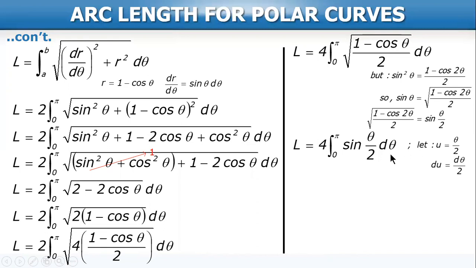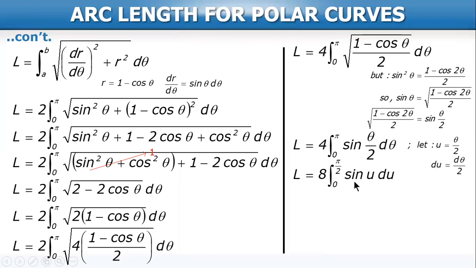Now, if you want to use u, then we're going to change the limits from theta to u. When theta is 0, 0 over 2, u is equal to 0. But if theta is pi, then u is equal to pi over 2. The result is this. The limits are 0 to pi over 2, and then sine of u, d theta is 2 du. 2 is multiplied with 4, so it becomes 8.